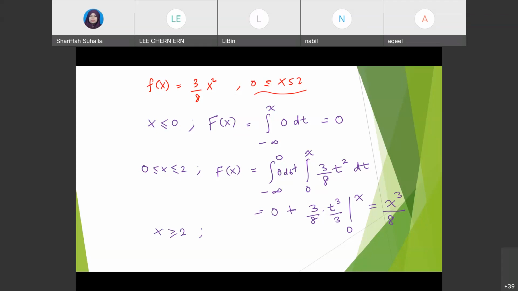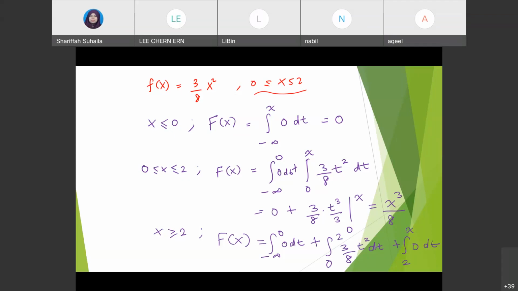So now you want to find your capital Fx. Okay, kita start balik. Minus infinity up to 0, 0 dt, plus 0 up to 2, 3 over 8 t square dt, plus 2 up to x, 0 dt.